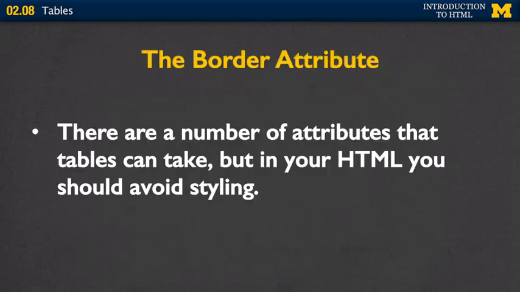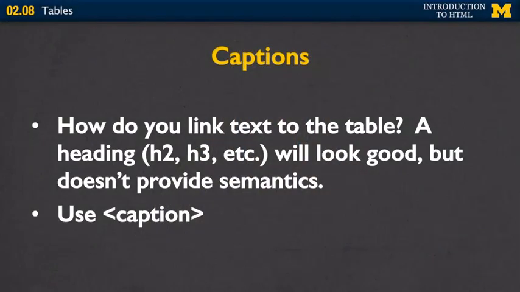So you can use the border attribute to put lines in between each one of your cells, and it's very common to do that. But again, in your HTML, I try to avoid styling. It's something we can add later if you decide to learn more about CSS. But it's an attribute that's so commonly used, I wanted to put it in there so you could see what was going on.